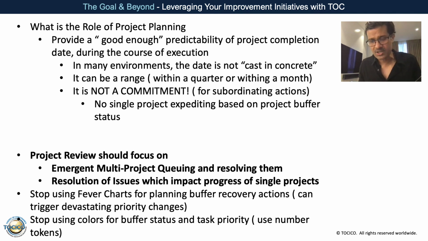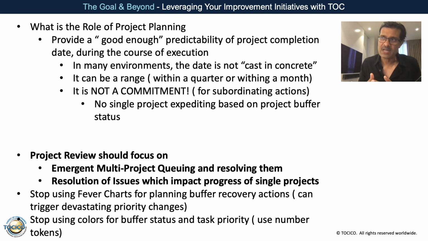If you see, all the TOC solutions solve part of the problem in planning and part of the problem in execution. So here we are trying to solve almost all the problems in execution. The problems of the wasteful behavior, multitasking, student syndrome, working without full kit. All those things we are trying to solve in execution.